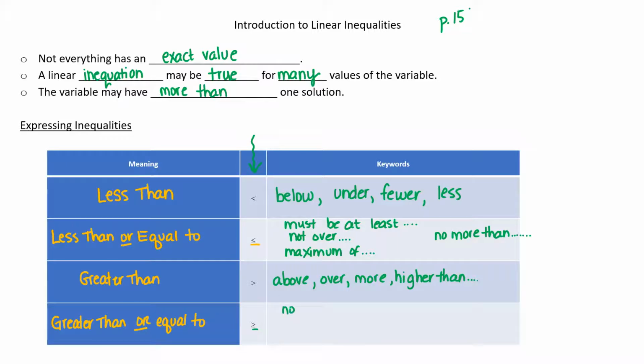So, not less than, must have X or more, at least, minimum of. Those are lots of different keywords that we might hear or see as we're looking at inequalities.